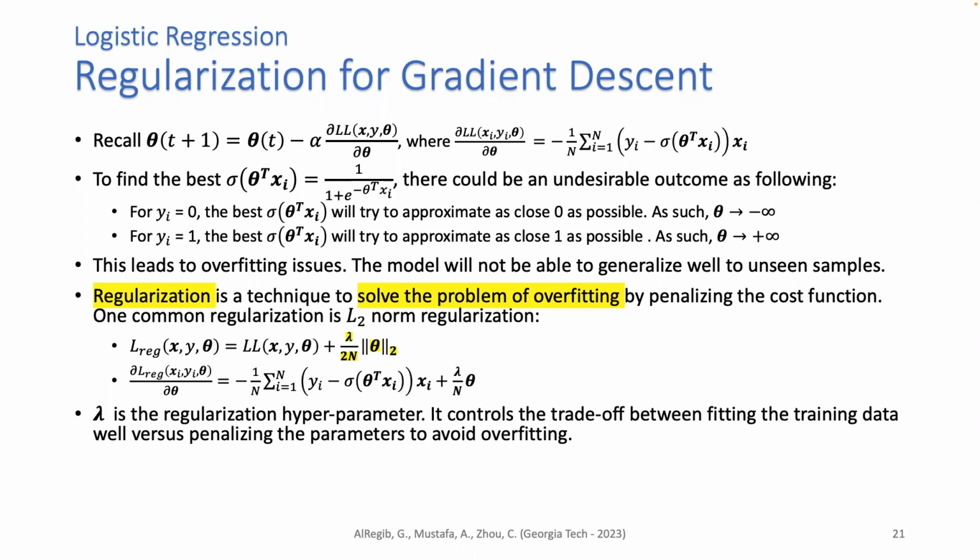That's 1 over 1 plus 0, which is 1, and it gives me the solution. That's overfitting. The algorithm will very quickly make the parameters very large in the negative direction or very large in the positive direction, depending on the output that you want.